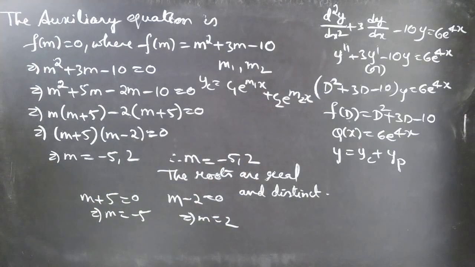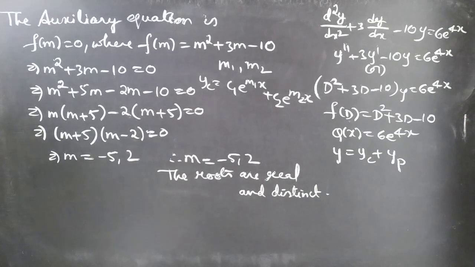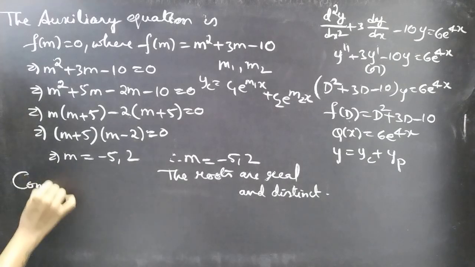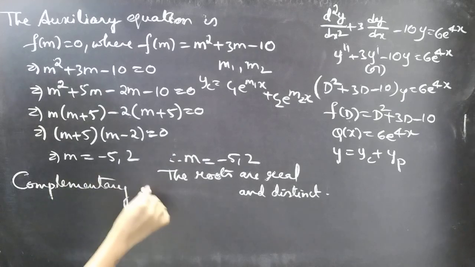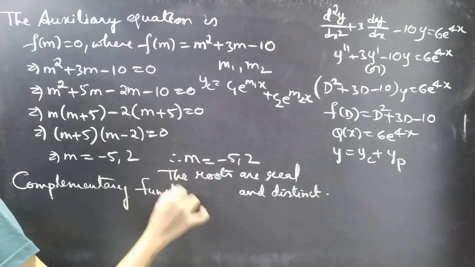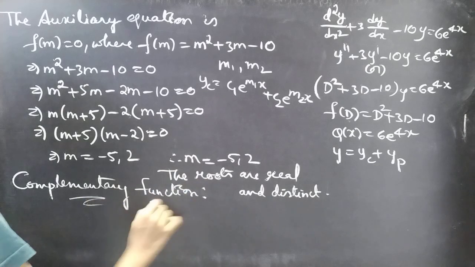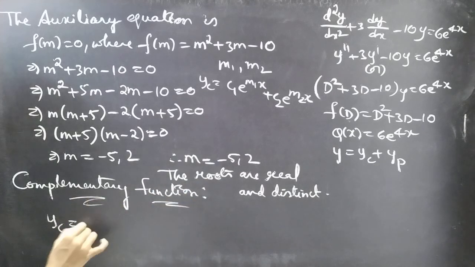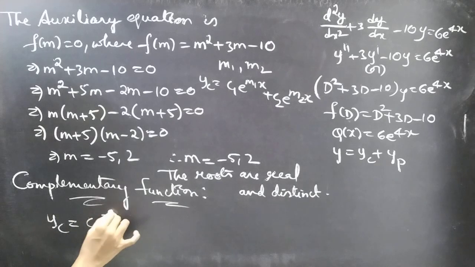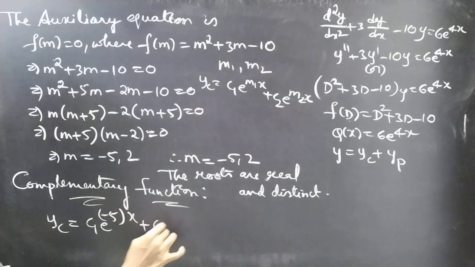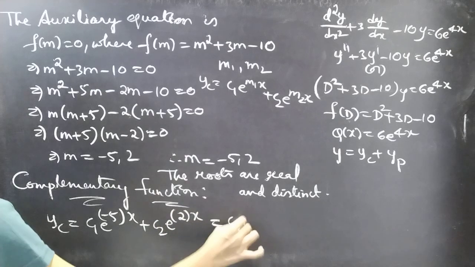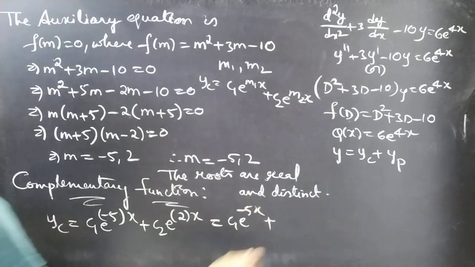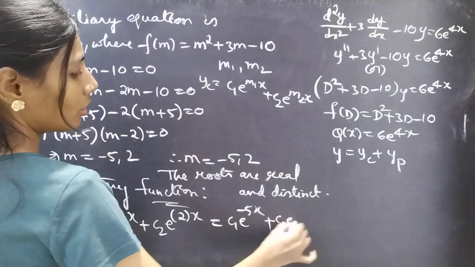Now let's find the complementary function using this formula. yc equal to c1 e power one root into x plus another constant, say c2, into e power the other root into x, which gives us c1 e power minus 5x plus c2 e power 2x.